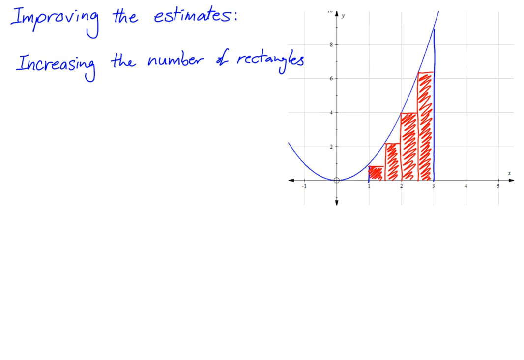So now we can say that the area of the lower rectangles equals, now the height of the first rectangle is f of 1.